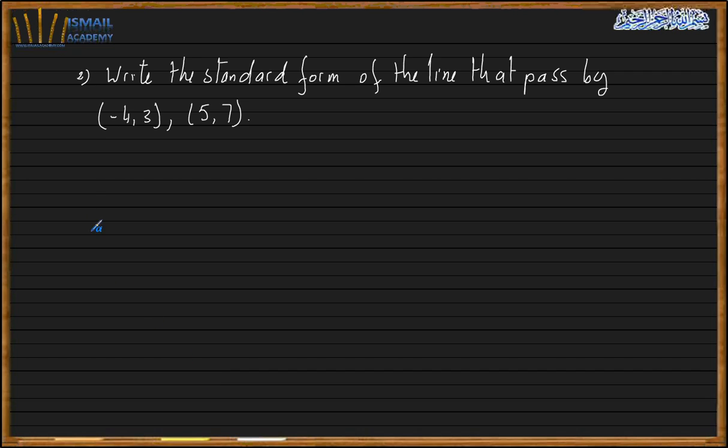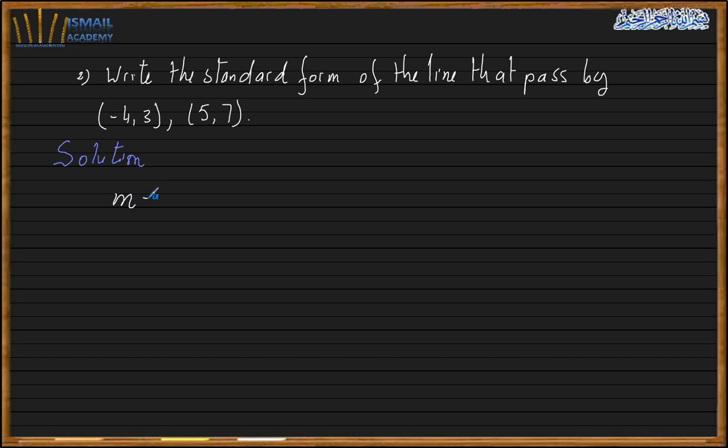Here we have two points but we don't have the slope, and you know that in order to write a linear function, we need a slope. So the first thing I need to do is find the slope.